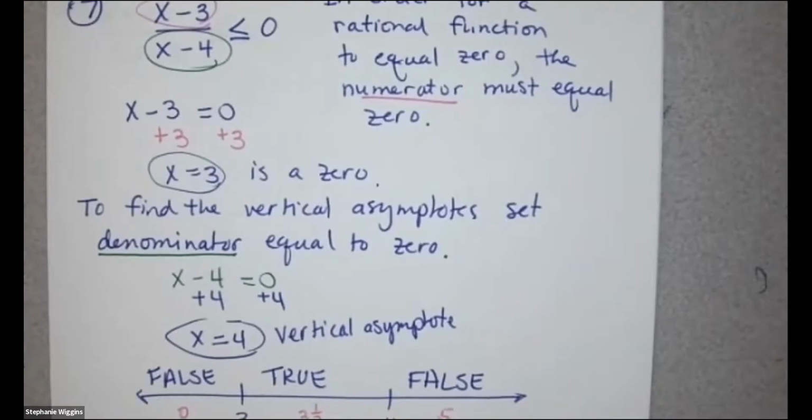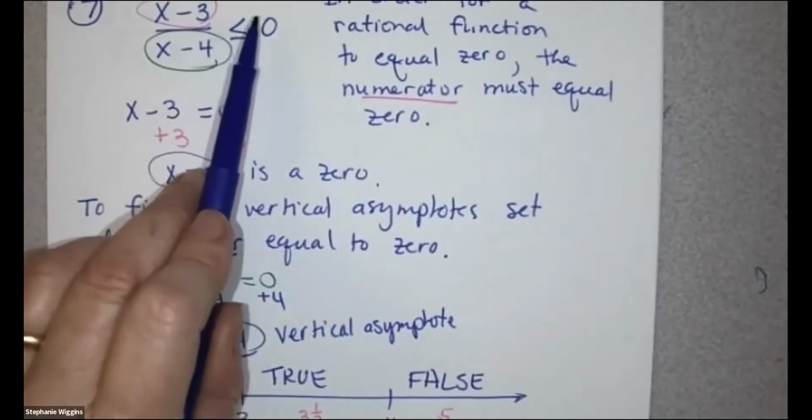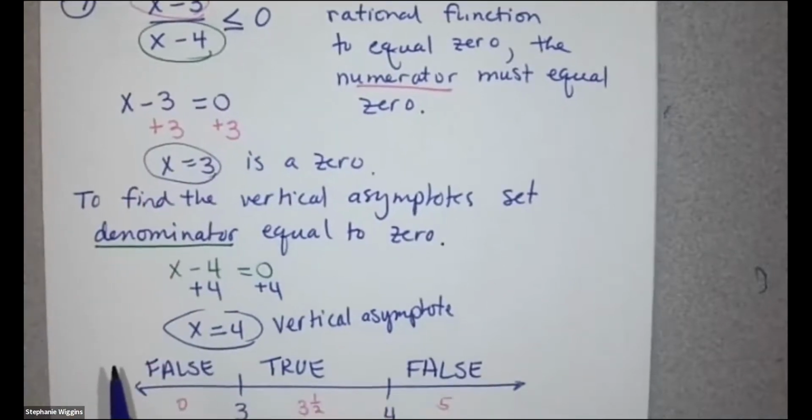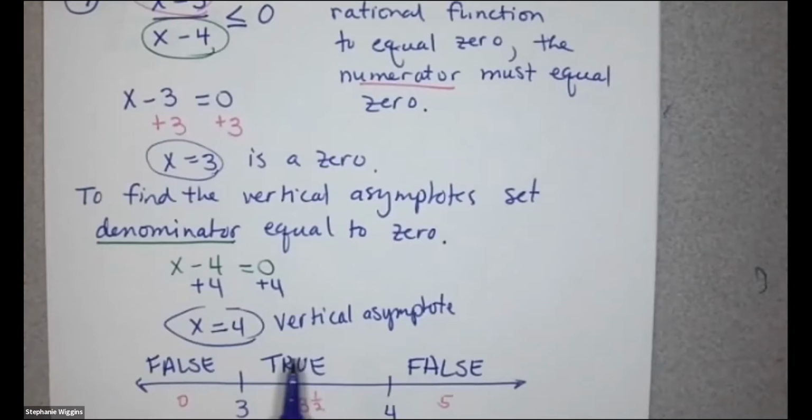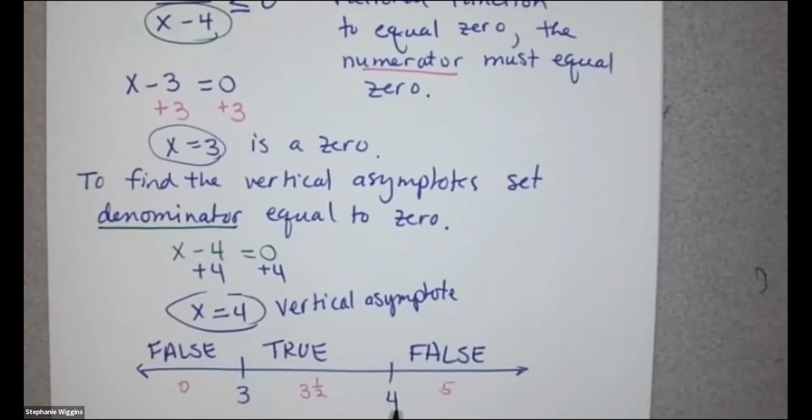The reason why I wanted to change the problem is because when you have a situation where it's less than or equal to, you have to be careful, because here we have a vertical asymptote. A vertical asymptote means that the function cannot equal 0 at that point. It's undefined, right?